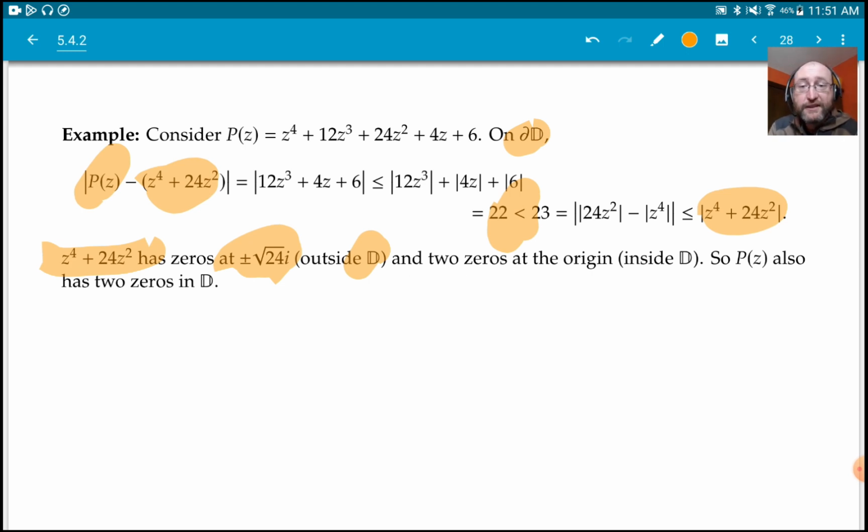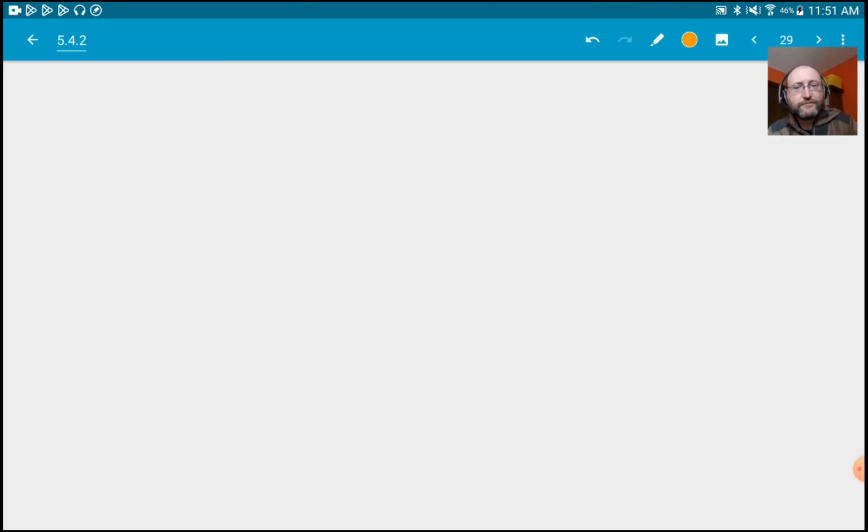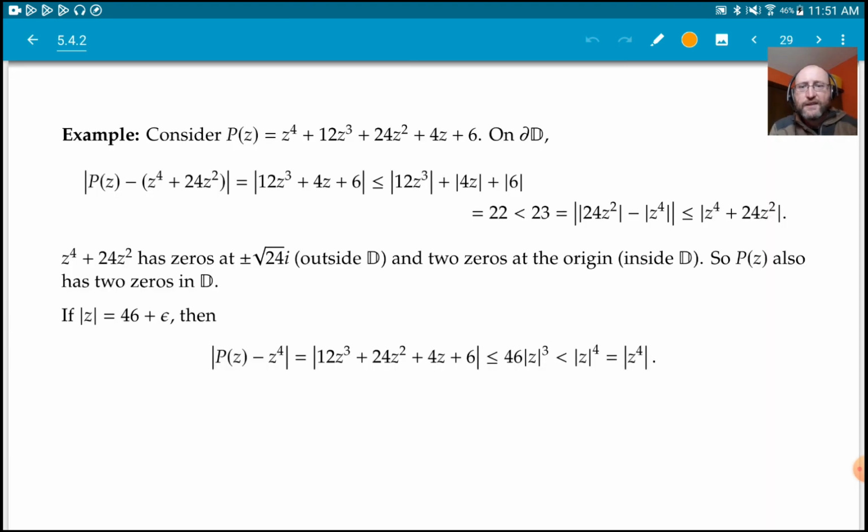So it has 2 zeros there, and then it has 2 zeros at the origin, from the z squared. So that means that it has 2 zeros inside the unit disk. So P has 2 zeros inside the unit disk. Let's do one more thing.